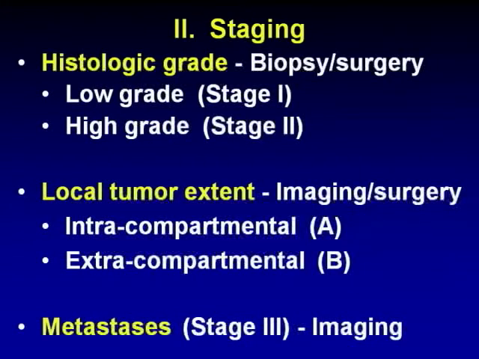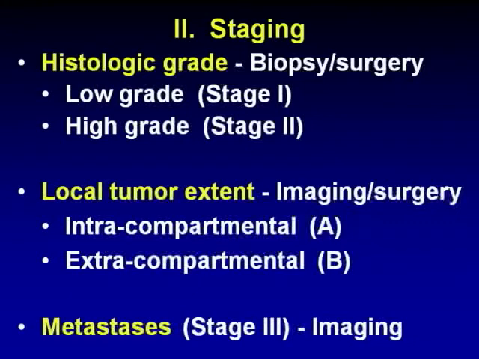Often with imaging, we can determine whether the lesion is contained within the compartment of origin, intracompartmental, or whether it has traveled outside of that compartment and is extracompartmental. Besides histologic grade and local tumor extent, of course, with imaging, we're commonly helping to stage patients by looking for metastases that define stage 3 disease.